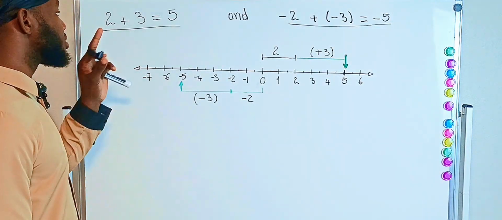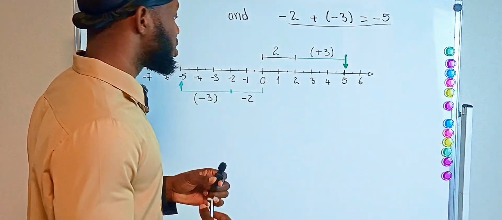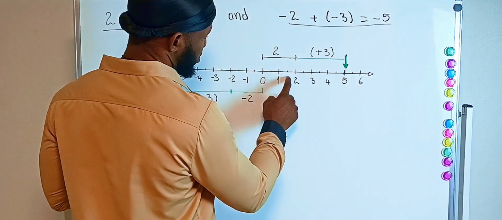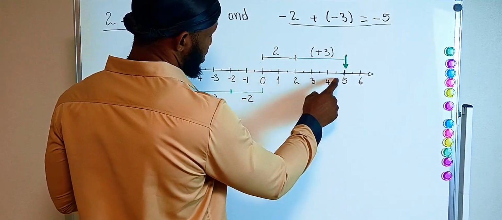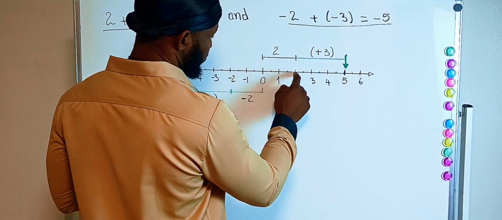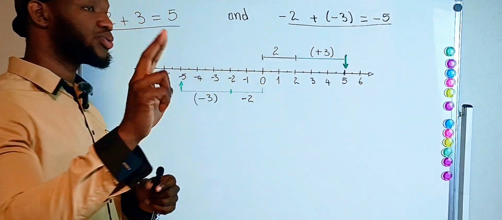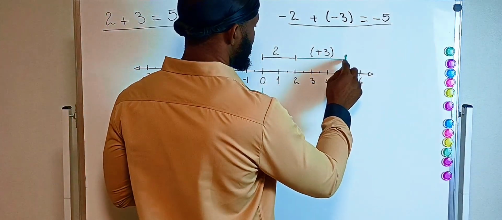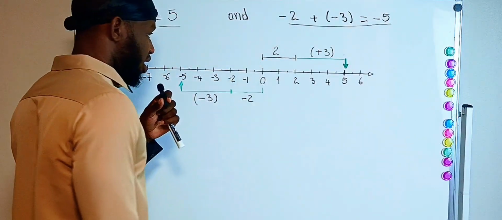So let's say they're saying 2 plus 3. 2 plus 3 guys, that means you got 1 unit, 2 units, that means 2 units plus 3 units, that means 2, okay, plus, and you keep going to add 3 more units, plus 3, and the answer would be 5.